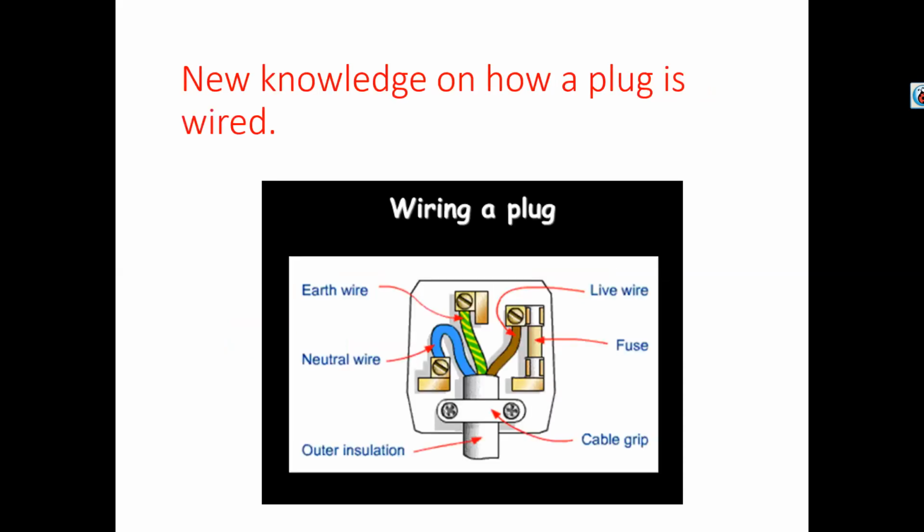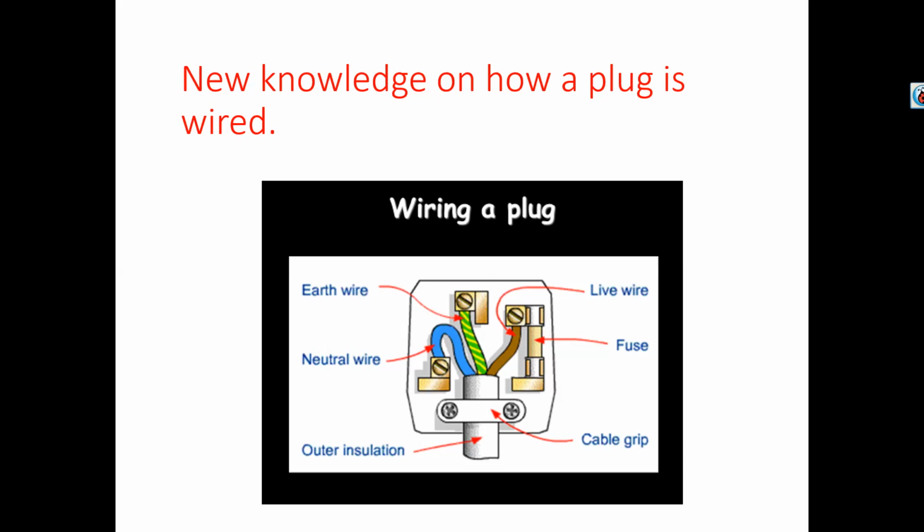Our next bit of new knowledge is about how a plug is wired and some of the information that we need for that. So as you can see from the diagram, we've got a neutral wire on the left, which is blue, BL for blue, the L after the B, you can use that as a memory cue to remember that it's on the left.